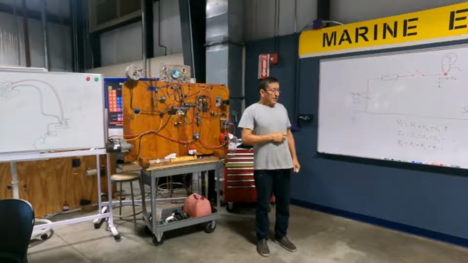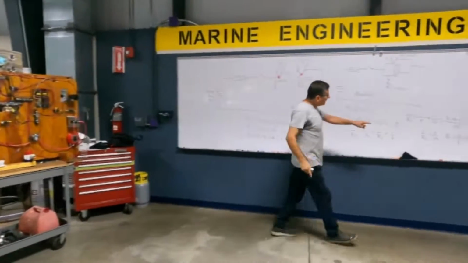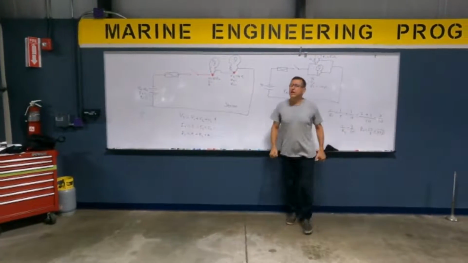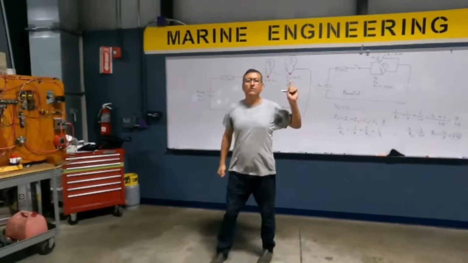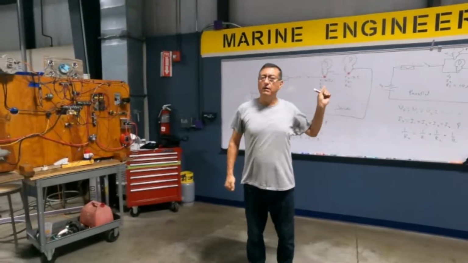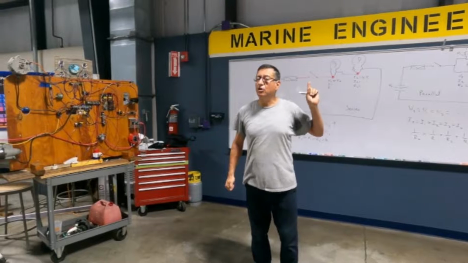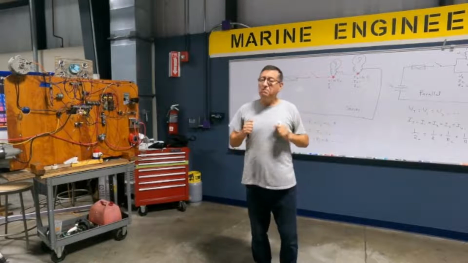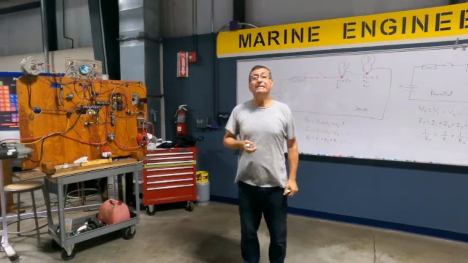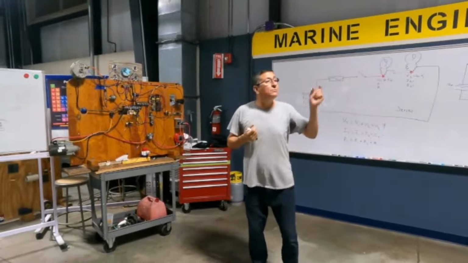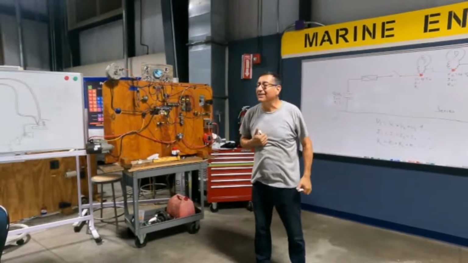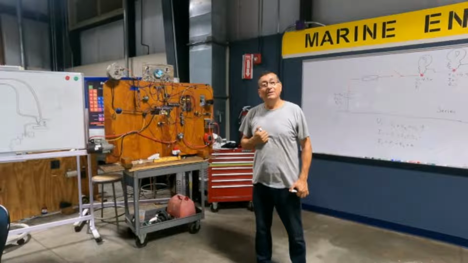Okay. Look at this. The total resistance is 3.3. How much is the value of resistor number 1? 5. And resistor number 2? 10. Oh, in parallel, the total resistance is less than the smaller resistor in the parallel. Wow, this is great.